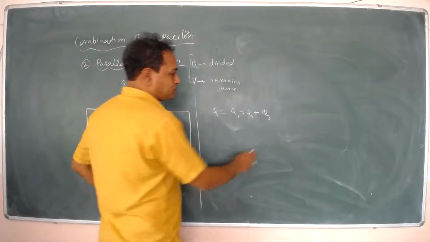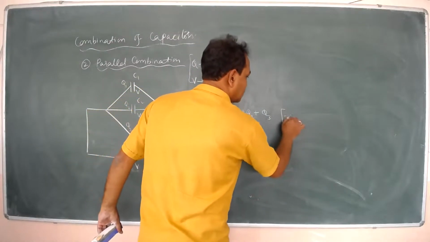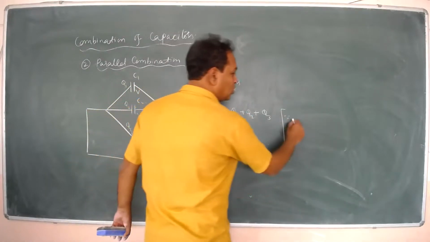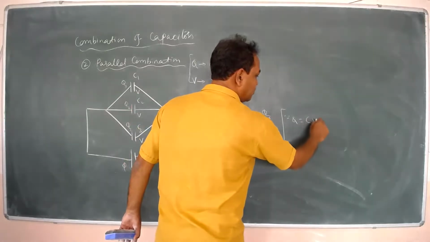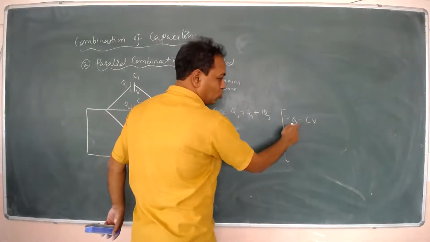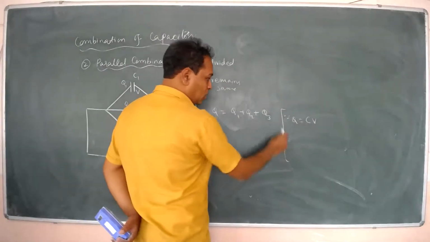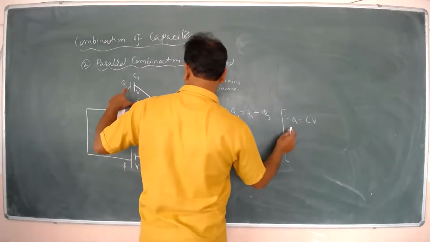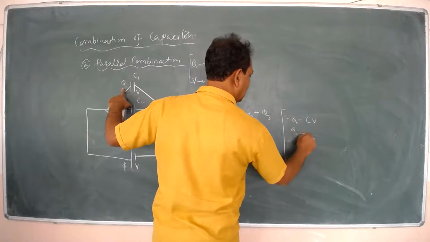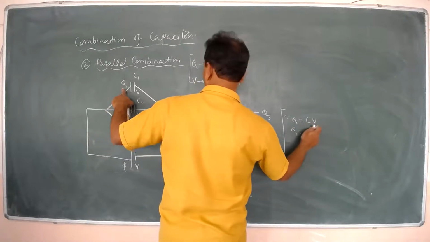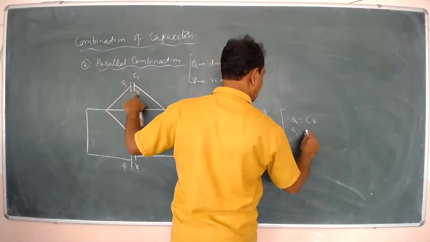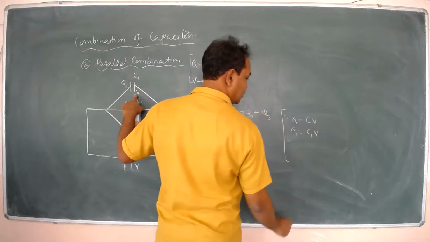Therefore, since we know from the definition that C is equal to Q by V, or Q is equal to CV, we can write this. For the first capacitor, Q1 is C1V.